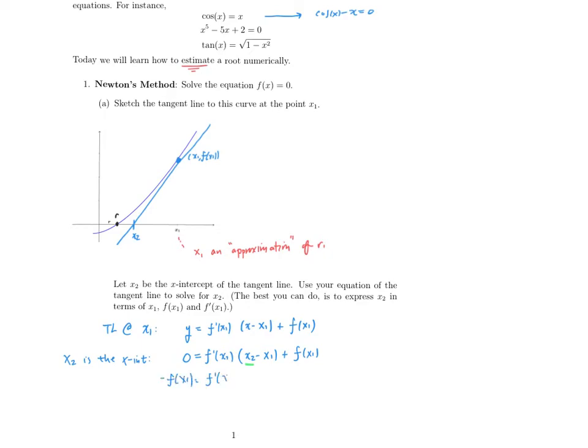And then we're just going to proceed through algebraically doing the simplest possible manipulations we can. To isolate this x2, we need to get the f prime of x1 over to the left. So let's divide both sides by f prime of x1.